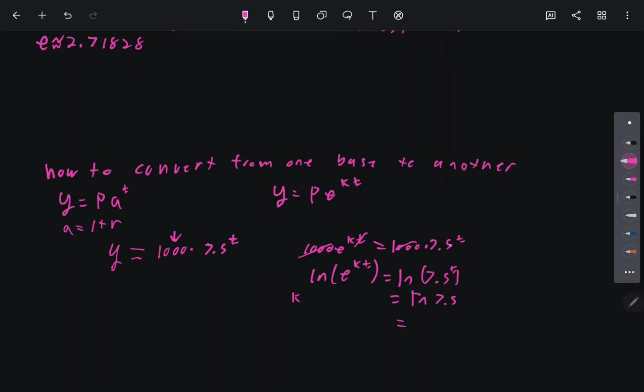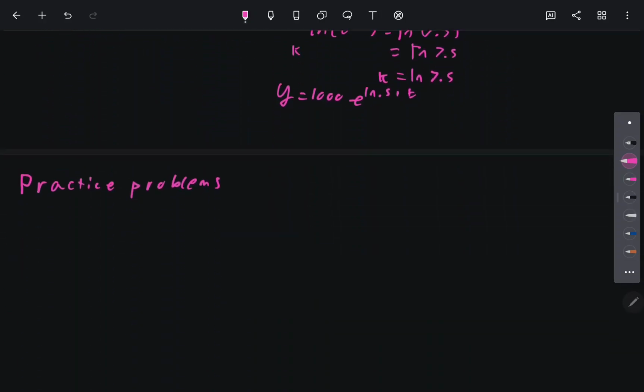So the t's will also cancel each other, although it won't look like that. So you would get k is equal to the natural logarithm of 7.5, and now we can rewrite the equation as y is equal to 1,000 e to the natural log of 7.5 times t. And that is the basic on how to rewrite an exponential in another base.